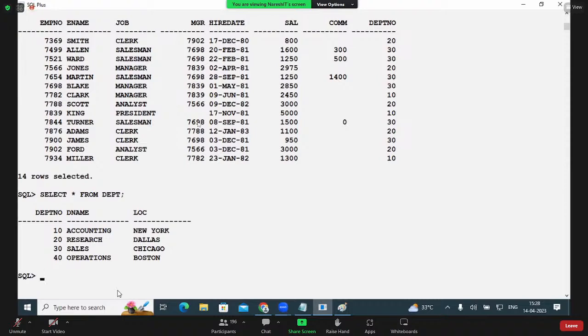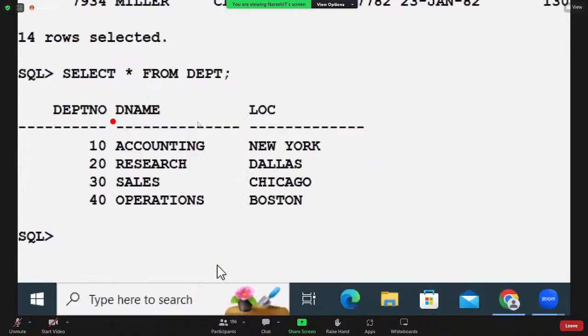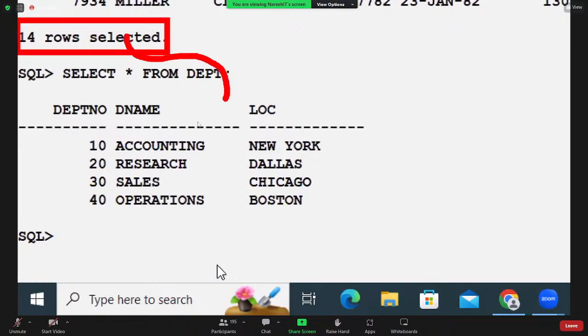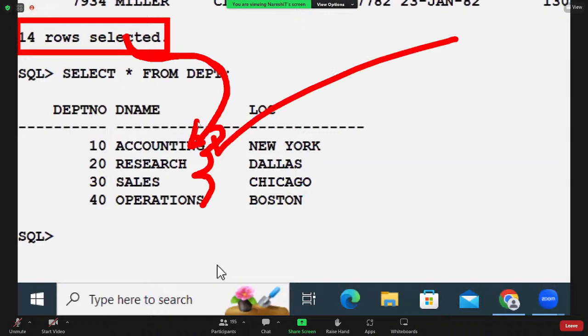So my question is, these 14 employees who are there in my table are working under which departments? That is what I want to know. The departments are accounts, research, sales, and operations. Suppose, out of 14, some people are working in accounts, then accounts will be taken.